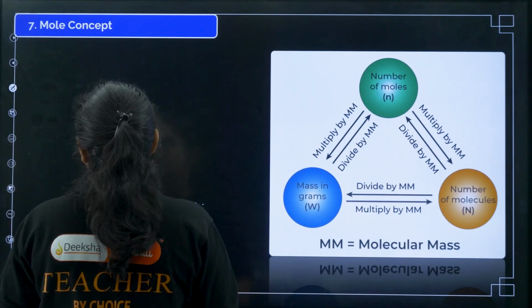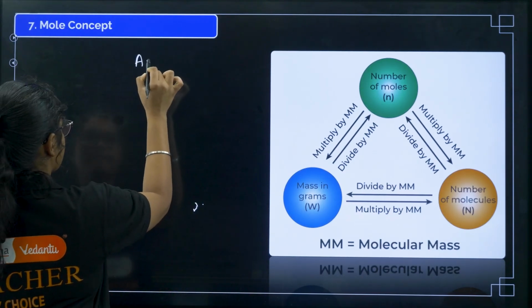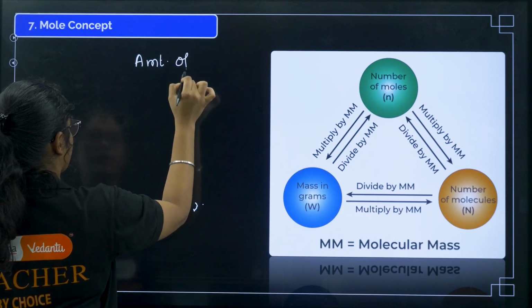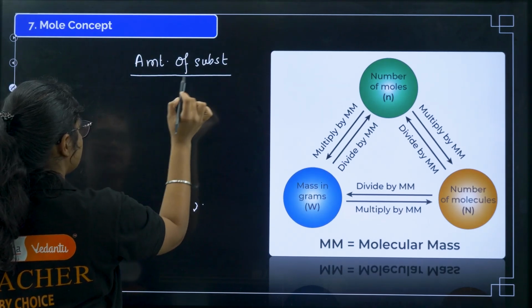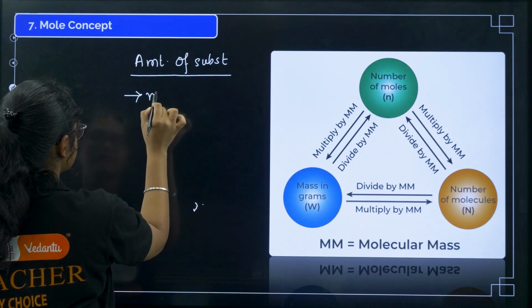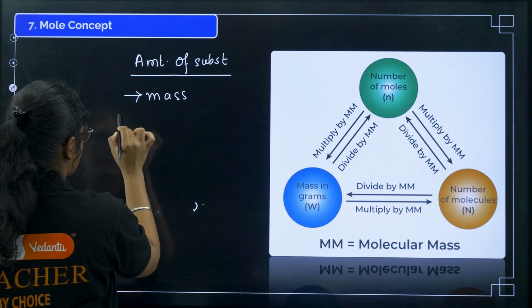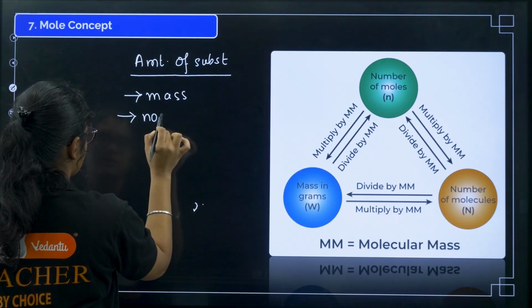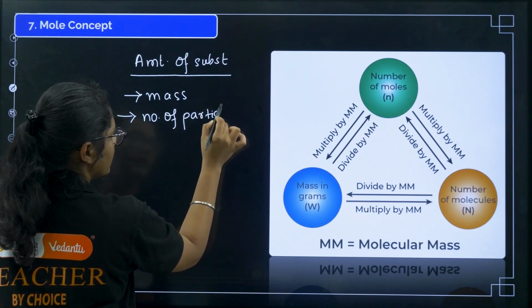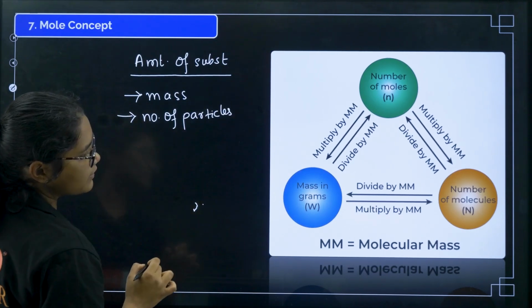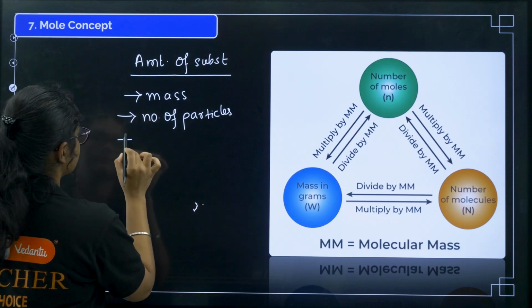Now see, amount of substance we can represent in 3 ways. One is mass, one is number of particles, and next one is your moles.